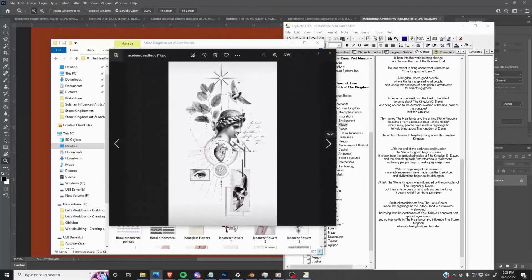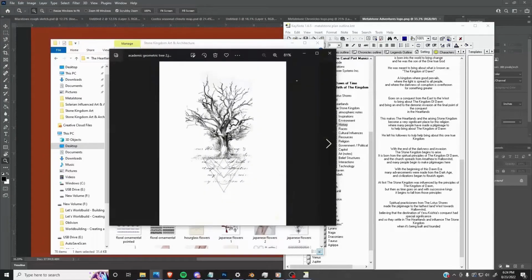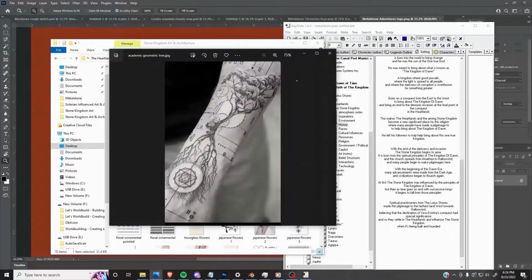So in the kingdom you might have some of this more academically oriented art, where it kind of looks like art in a way, but it's also like something you'd see out of an old ancient textbook or something like that. And some of these also remind me of that creation matrix type realm idea that I was talking about earlier, because they have these geometric shapes, but it also looks like something that could be out of a study of someone, say, looking into more sacred type of knowledge.